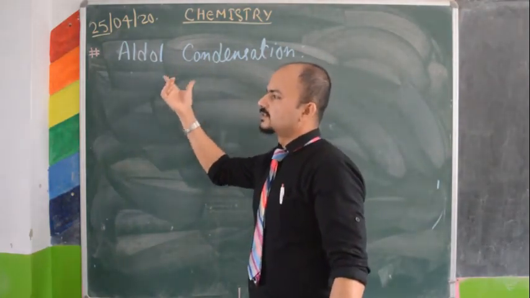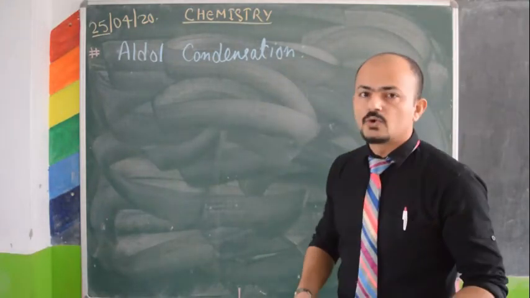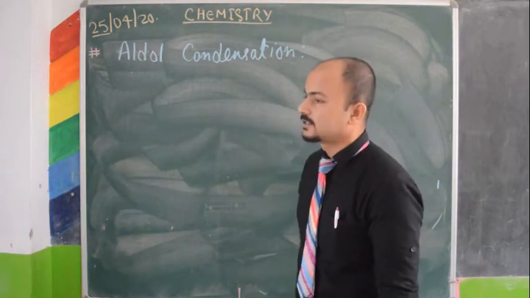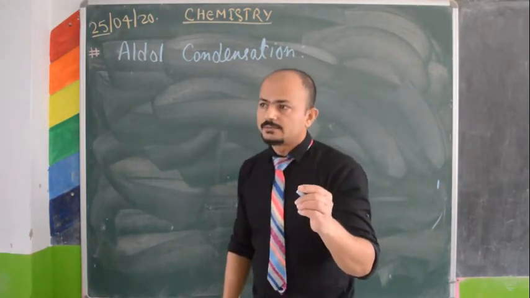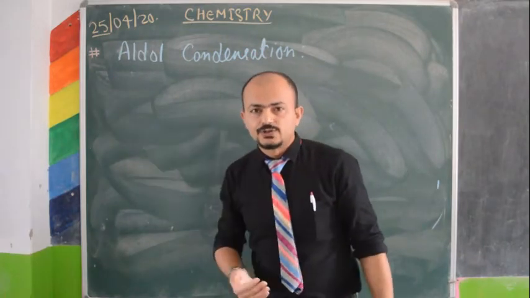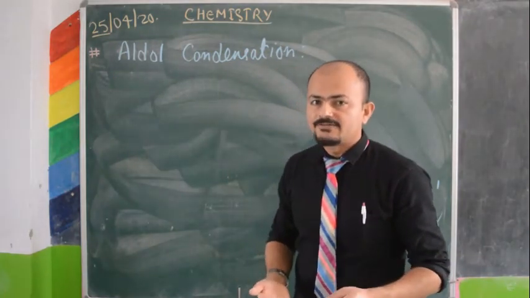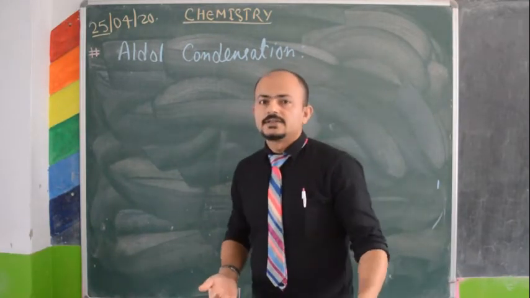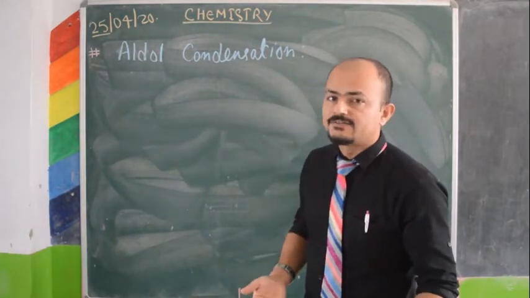This aldol condensation will be given by those aldehydes and ketones which contain alpha hydrogen. Okay? Please note it properly. This reaction is given by those aldehydes and ketones which contain alpha hydrogen. Whereas in Cannizzaro reaction, the compound did not have alpha hydrogen.